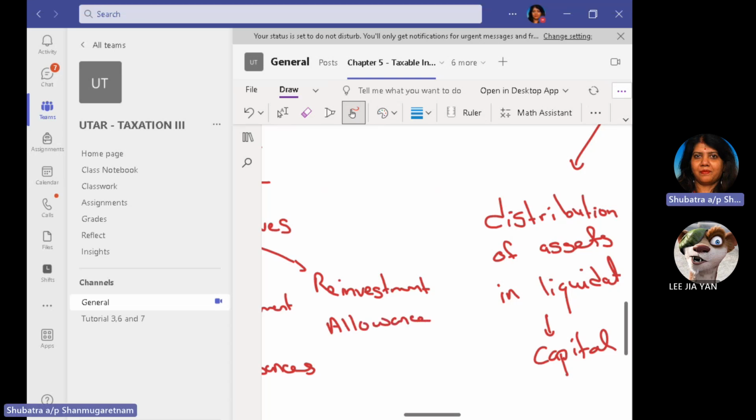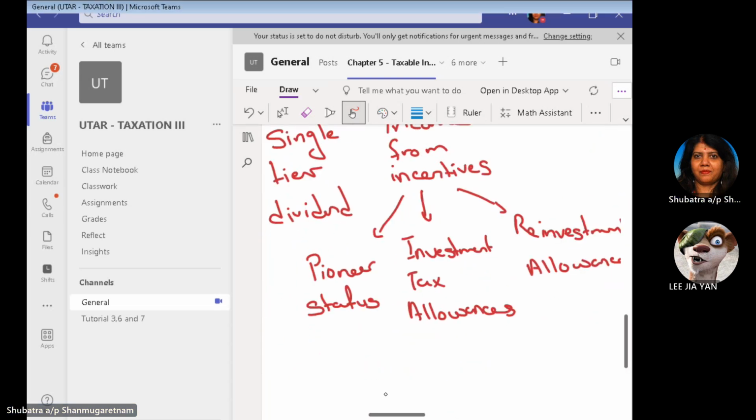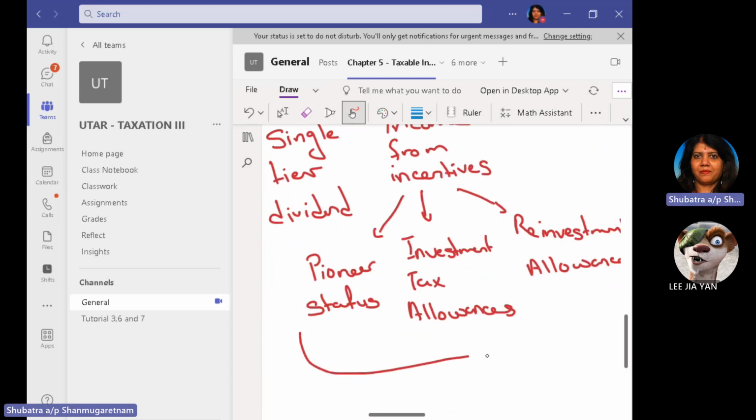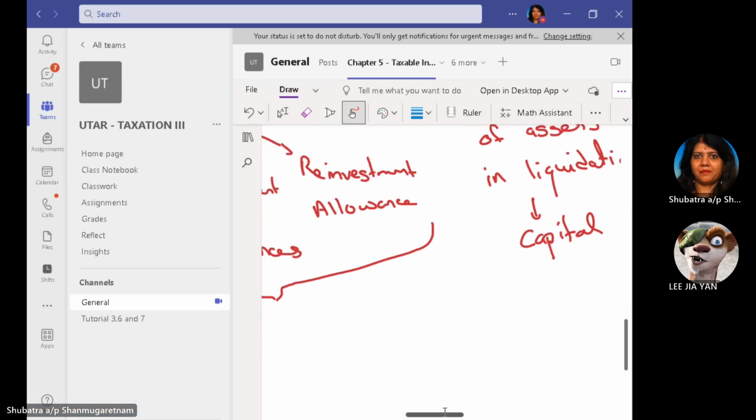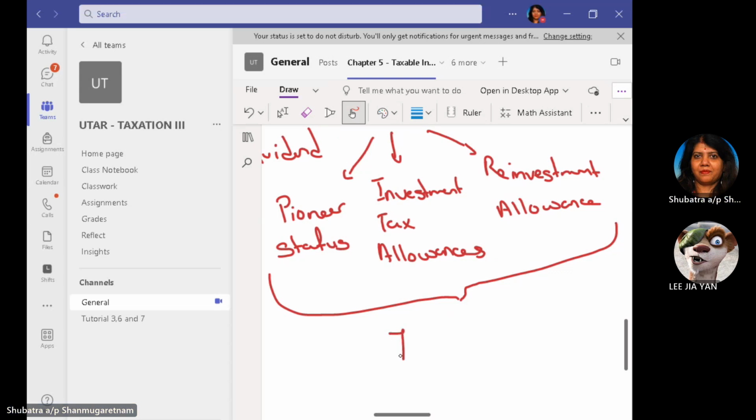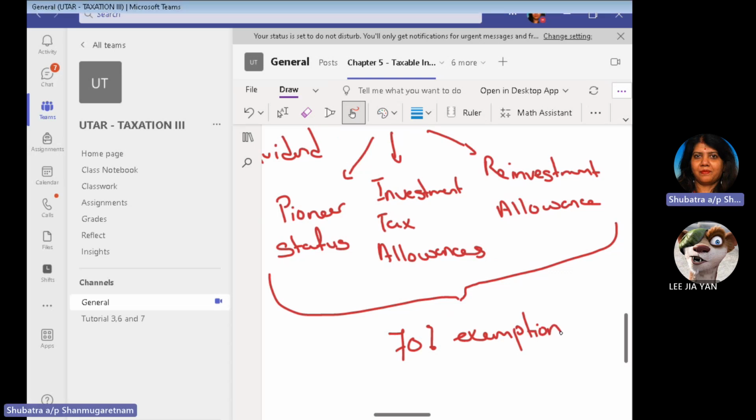Where 70% is exempted from tax. Remember, guys? All this, you have your 70% exemption. Okay.